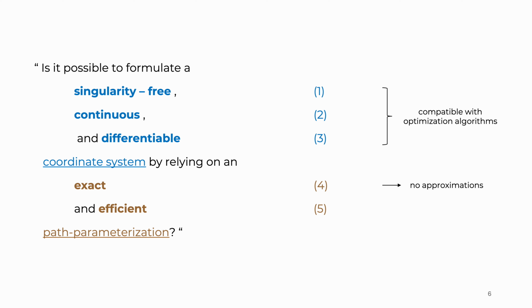Second, we want the coordinate system to be exact in the sense that we want it to match the input or the reference curve that the user provides us. And last but not least, we want the coordinate system that we present to be efficient, for the obvious reason that we don't want to add an additional overhead to our computer.